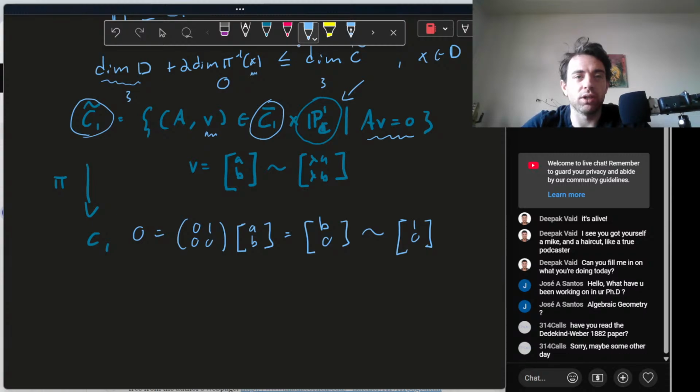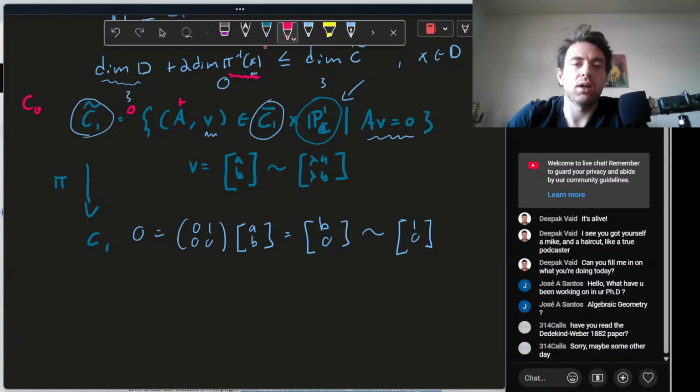Meanwhile, if we look at the closed orbit, we're looking over C0 now. Well, that thing's dimension 0, right? Plus 2 times, well, what's the fiber?